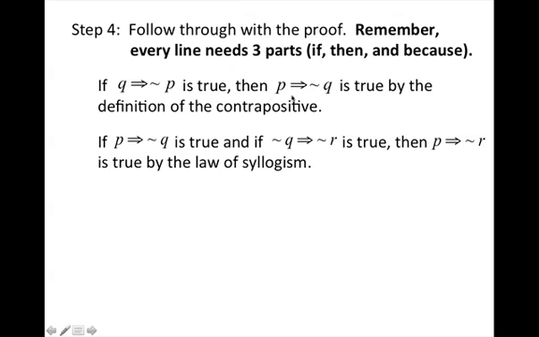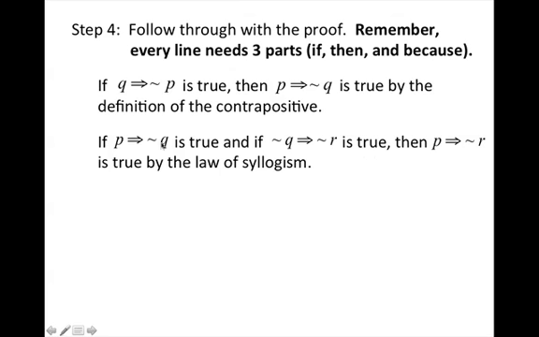Since I've now proven that P implies not Q is true, I'm free to use it in the next line of my proof. So if P implies not Q is true, and if Q implies not R is true, this was true because I was given it was true.